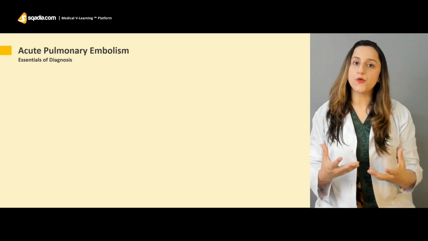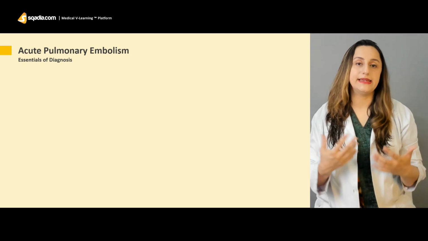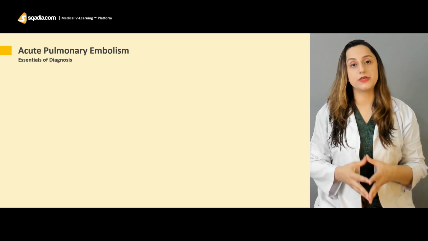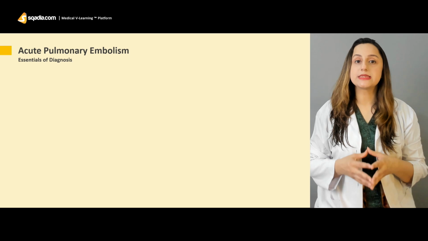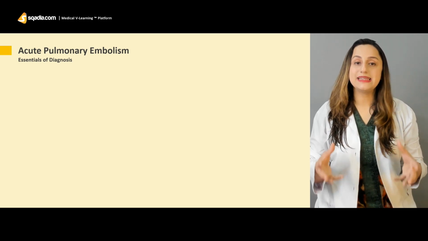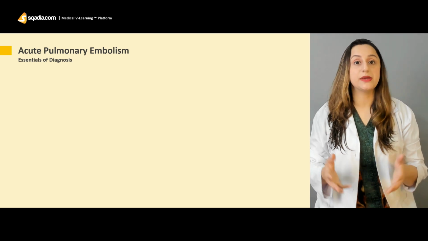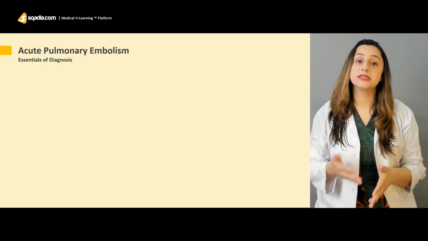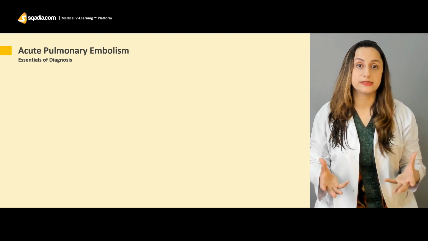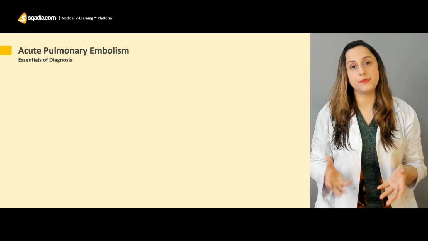Then as we move on, this tachypnea and tachycardia, the increase in the heart rate and the increase in the respiratory rate, is also going to result in hypotension, that is an overall decrease in the blood pressure in the peripheral circulation. This decrease in the peripheral circulation gives an overall picture of shock, a hypovolemic shock in the patient.